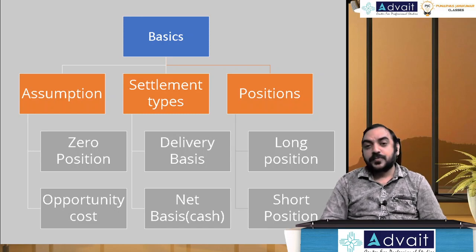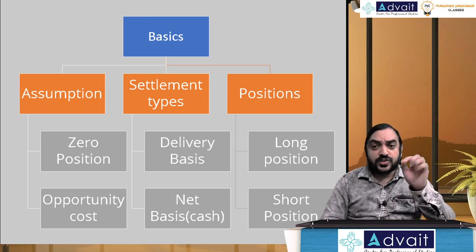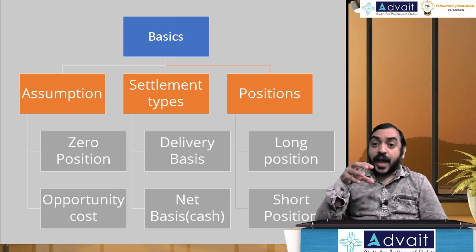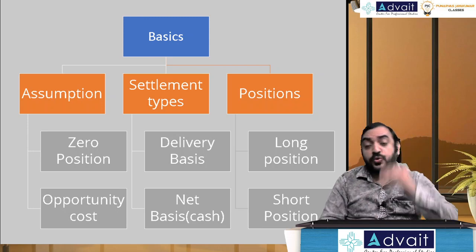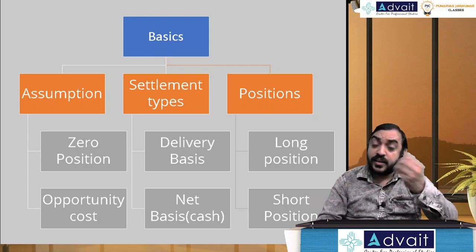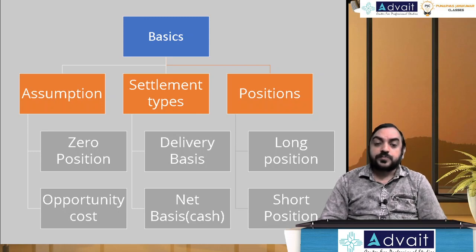Opportunity cost. You are in your own house, or you are in a rented house. In a rented house you pay rent, outlay is there. In your own house, had you given your house on rent, you would have made rental income. You are giving that up and then staying there, so you have an opportunity cost. Of course there has to be an opportunity.